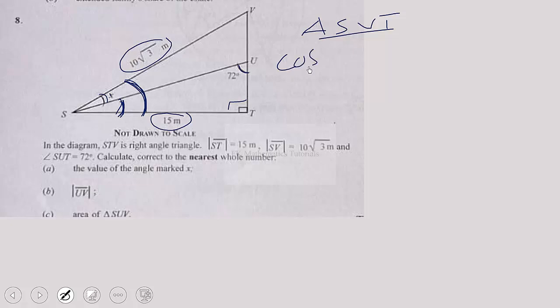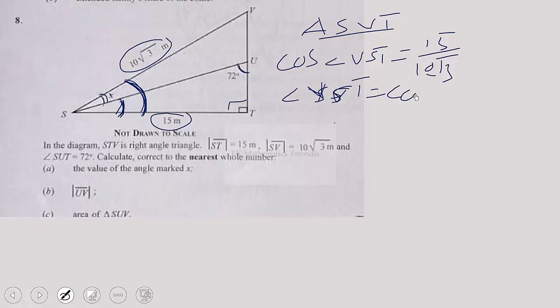So cos of angle VST is equal to adjacent over hypotenuse. Adjacent is 15, hypotenuse is 10 root 3. So angle VST is equal to cos inverse of 15 over 10 root 3.